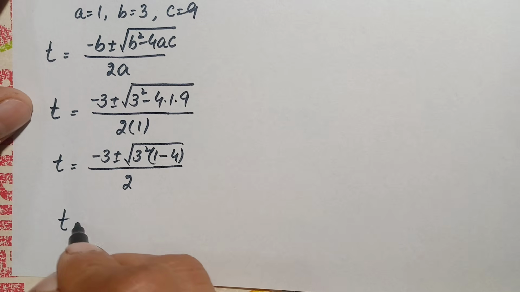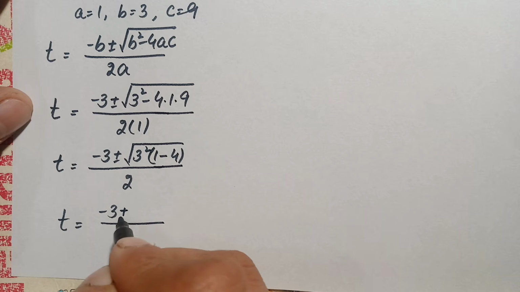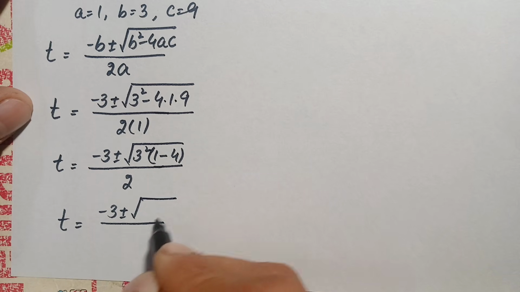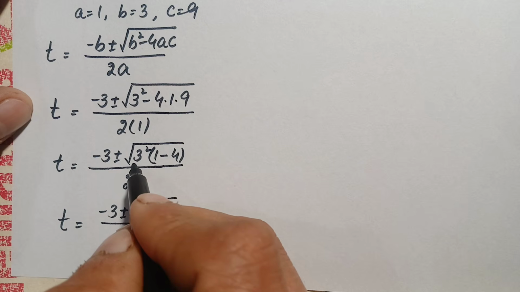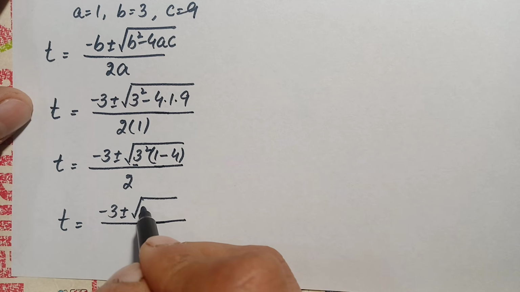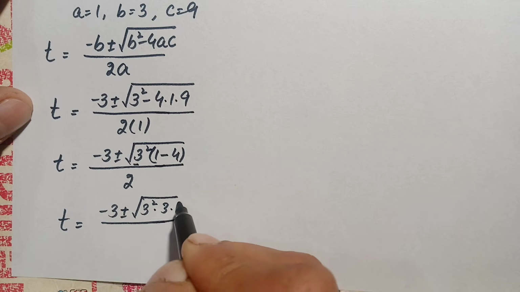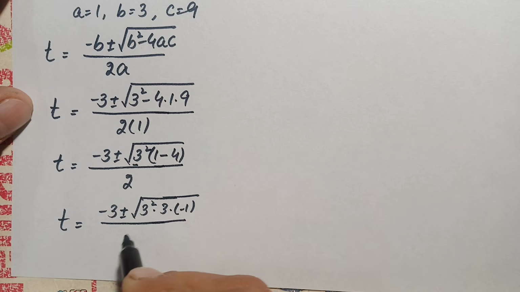So next this will become t is equal to minus 3 plus minus square root of, here we will split this square root over 3 square, and here 1 minus 4 is minus 3. So this will become 3 square times 3 times negative 1, divided by 2.